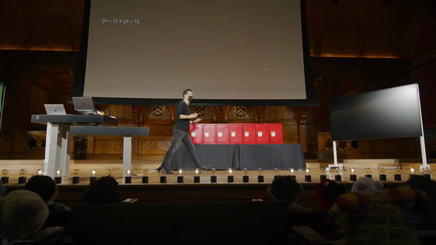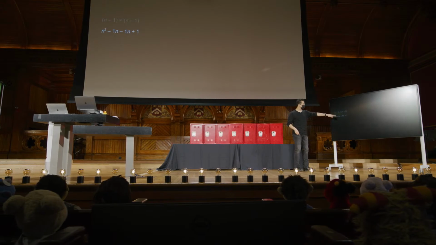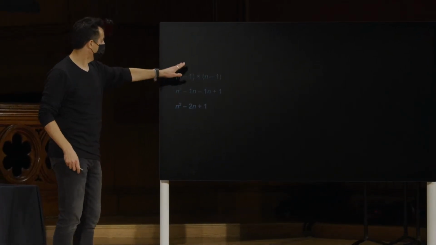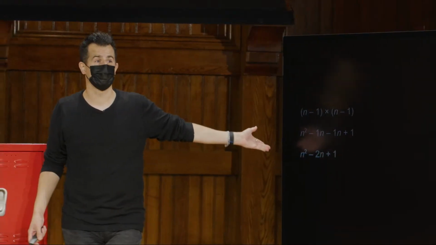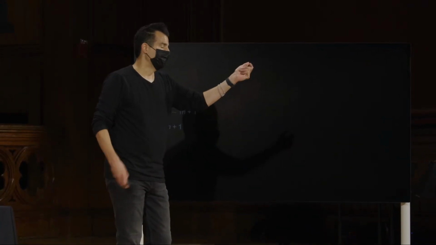Well, let's consider this just a little more methodically here. If I have n minus 1 on the outer, n minus 1 on the inner, let's go ahead and FOIL this. So n squared minus n minus n plus 1. Combine like terms, n squared minus 2n plus 1. And now, which of these terms is clearly going to be dominant, so to speak? The n squared.